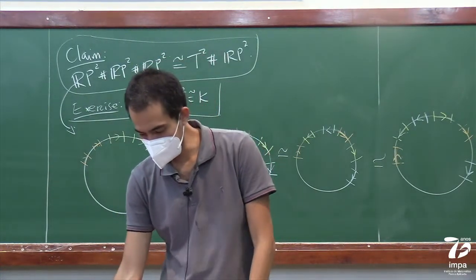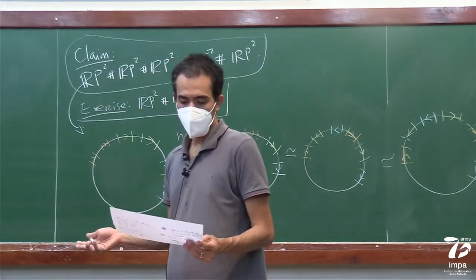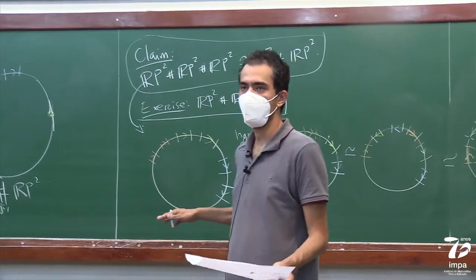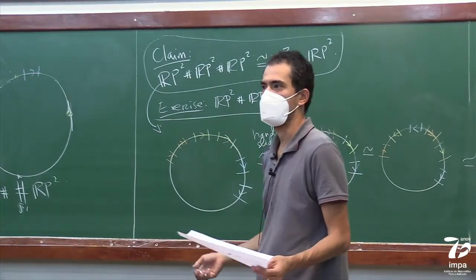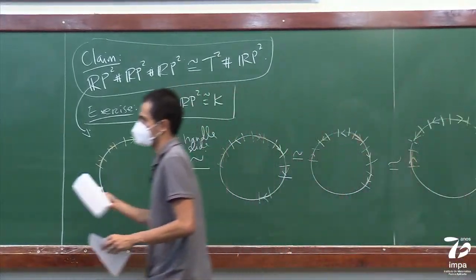So now we're going to talk about what's called Heegaard diagrams, which is a way to, not really classify, not in a nice list, but to understand the complexity of 3-manifolds. So now let's talk about Heegaard diagrams.